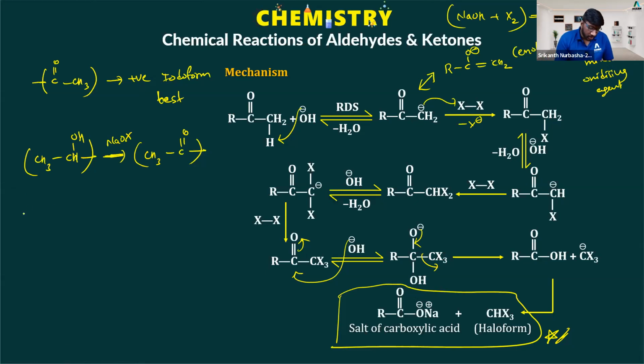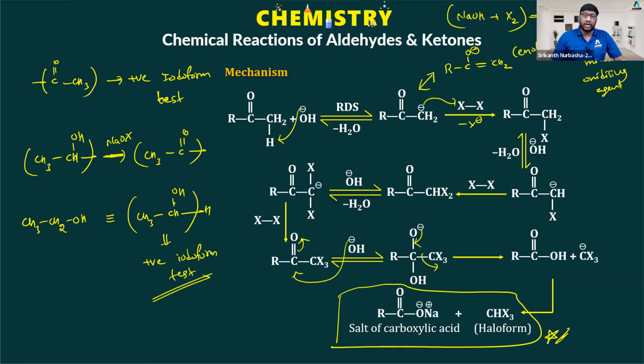Now you can answer the question: CH3 CH2OH, will it give positive or negative haloform test? I can write this ethanol as CH3 CHOH and the other connection is hydrogen. So it has this group, so it should be giving positive iodoform test.